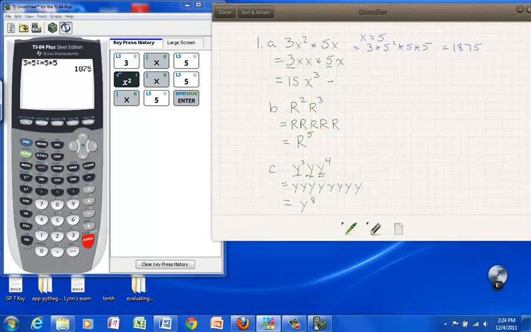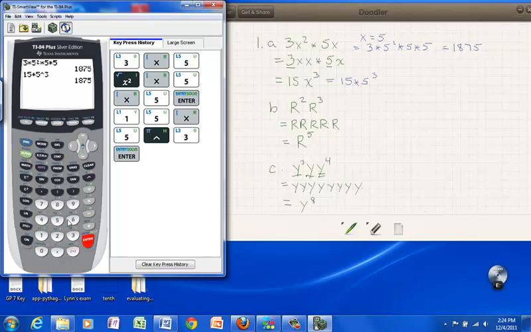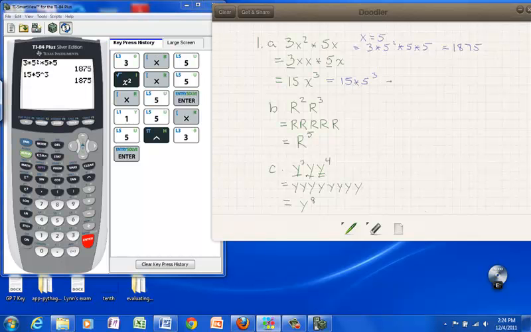The result down here is 1,875. So that answer checks. I'll put a box around it because I know that answer is correct now.